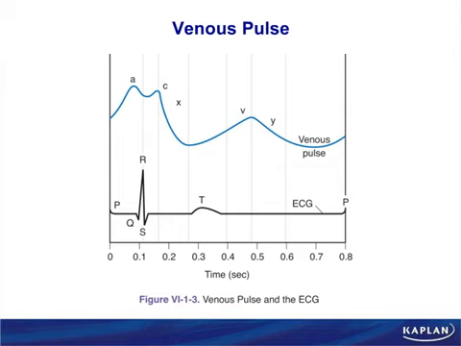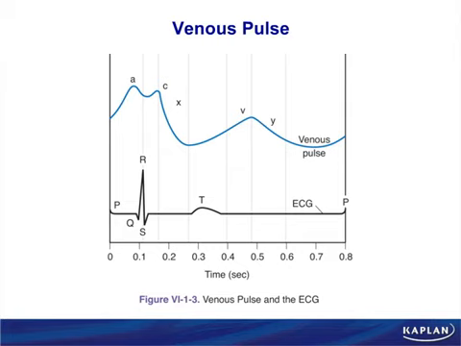Notice that the V is occurring during the very last part of systole and during isovolumetric relaxation. So we're not moving blood into the ventricle, it's just pooling up in the atria. That's what causes the rise in pressure.